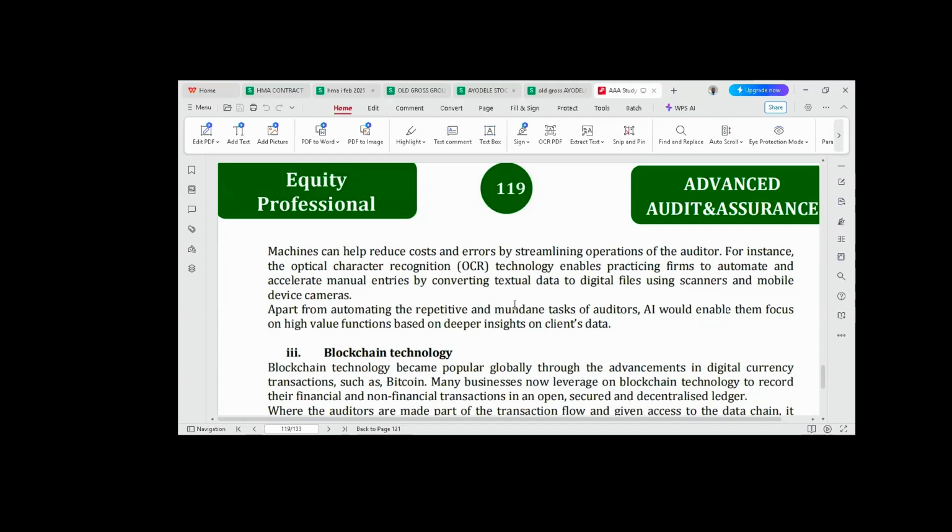Another thing that artificial intelligence has done is what is called optical character recognition. After the auditor has obtained all this information manually from the client, with this technology the manually obtained data or entries can be converted to digital files using scanners or a mobile device camera.